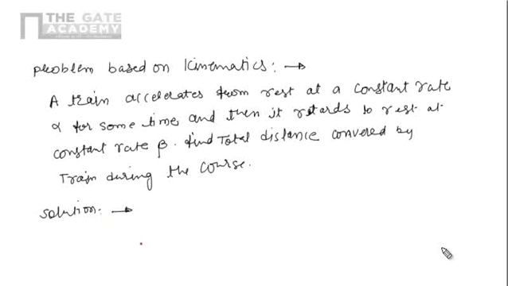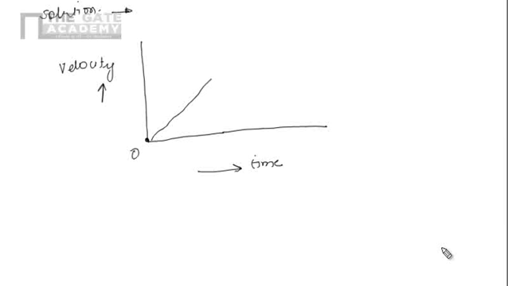So let's draw the velocity time graph for this train. So on the y-axis I am taking the velocity, and on the x-axis I am taking the time. So the train starts from rest, means from O, and it accelerates at a constant rate for some interval of time.